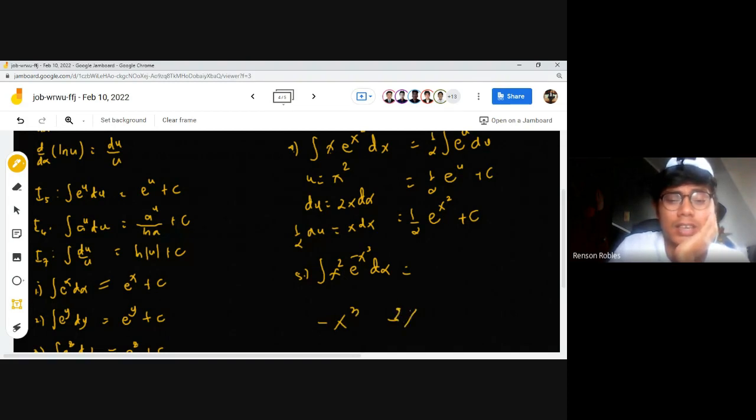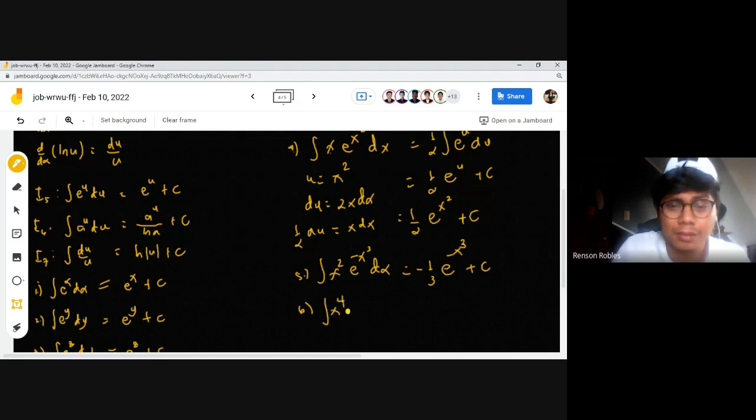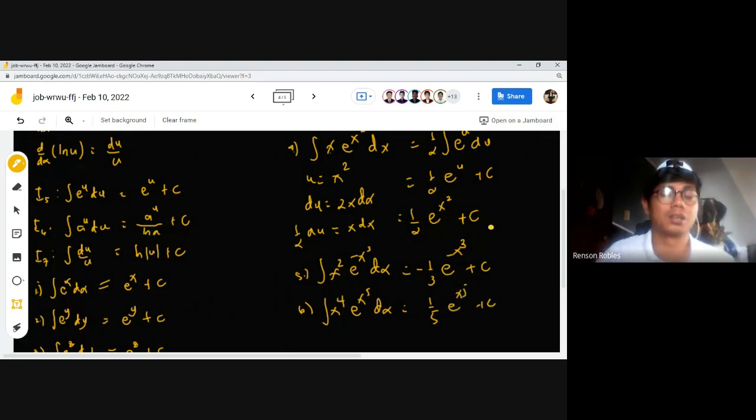Negative 3x squared. Eh, ito, x squared dx lang. So, you shall have negative 1/3. Then copy. And then plus c. What did you notice? Is 1/5 e, copy, to the x to the 5 plus c.